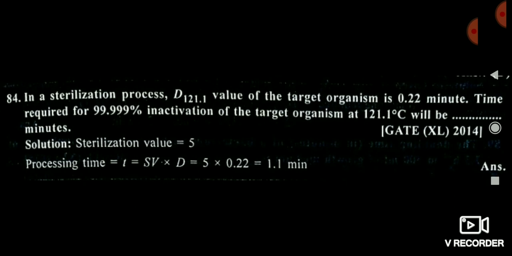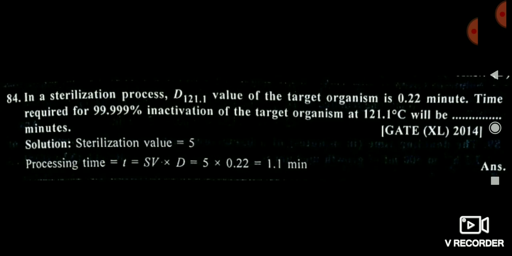Now friends, see another question. Friends, it is also a very easy question. I have solved it in the previous slides also, and it is again a repeated question. So you see this. Initially n-naught amount of microorganisms present, finally 99.999% inactivation, means the final number of microorganisms is n-naught minus n-naught into 1 minus 99.999 divided by 100.